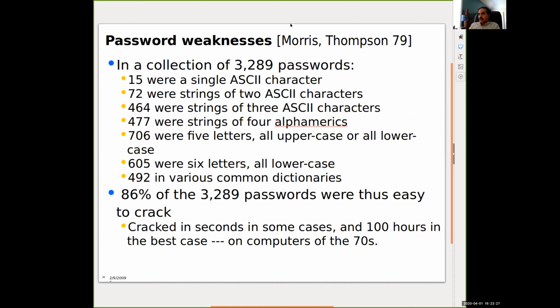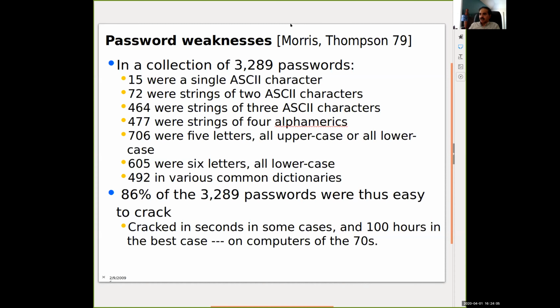And so, in this very famous paper from 1979, Morris and Thompson studied a collection of 3,300 passwords, and they found that some users used a single word password, but lots of people ended up using 2 or 3 character passwords, and the people who used longer passwords were not the majority.